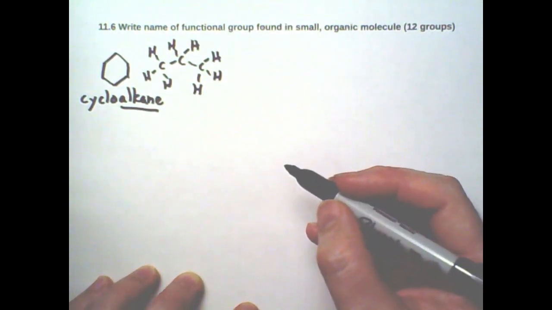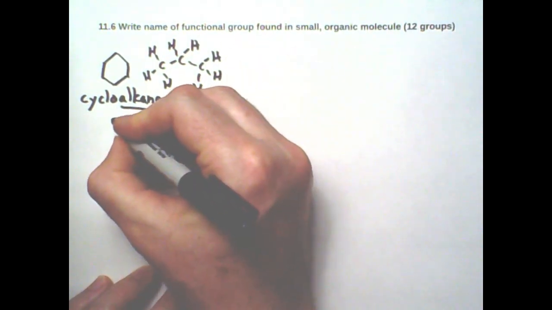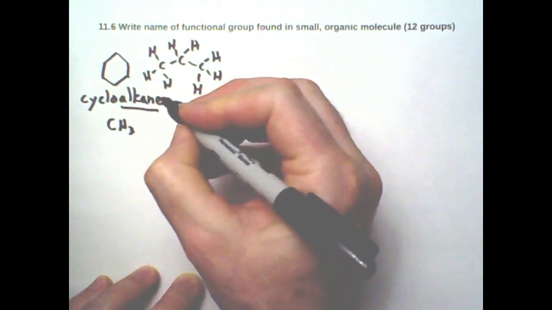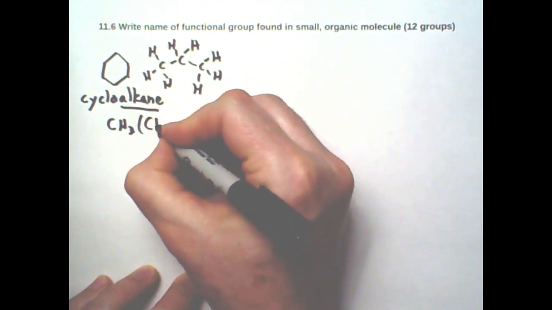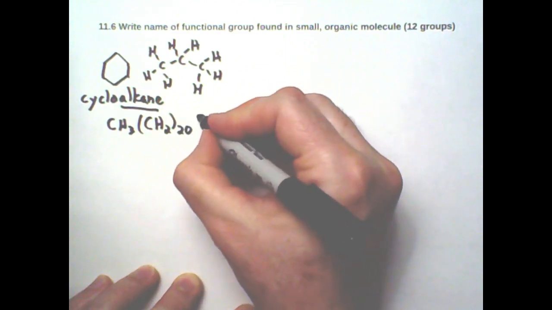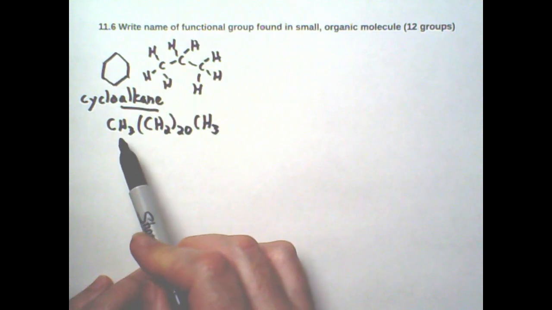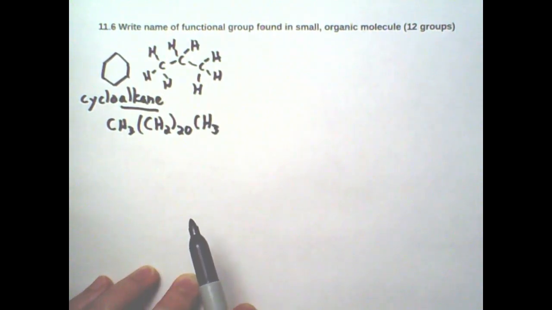You may have recognized that's an alkane again. Or what if we had something like this? You might recognize again that this is all C's and H's and all single bonds, so it's an alkane.